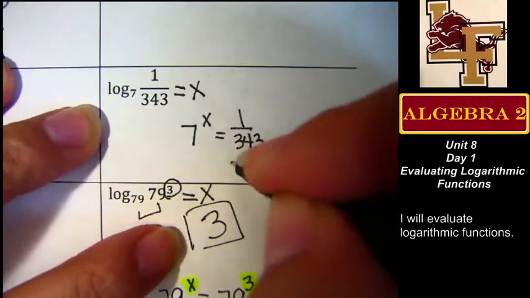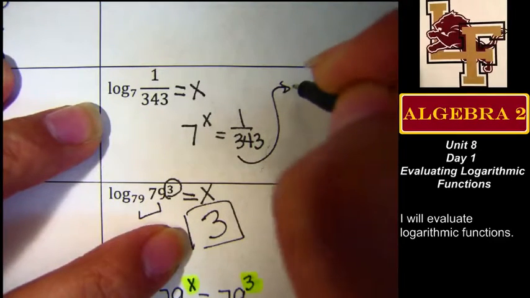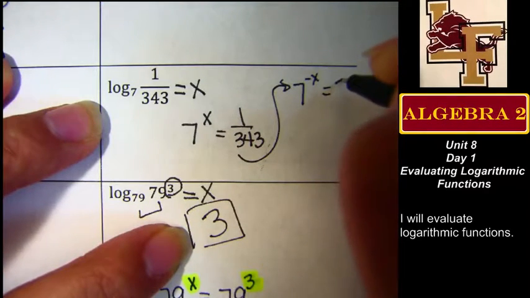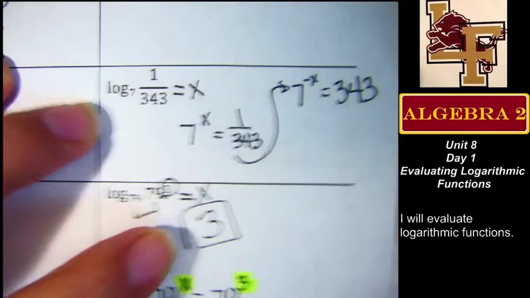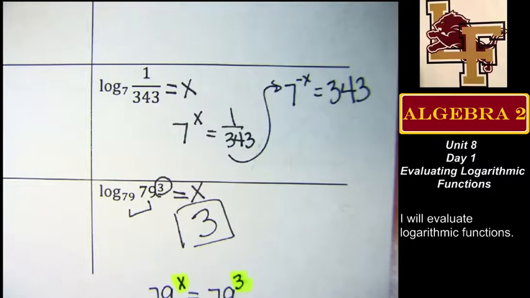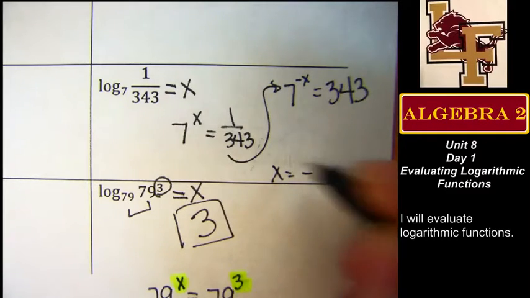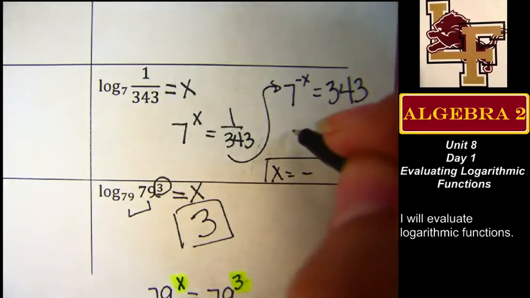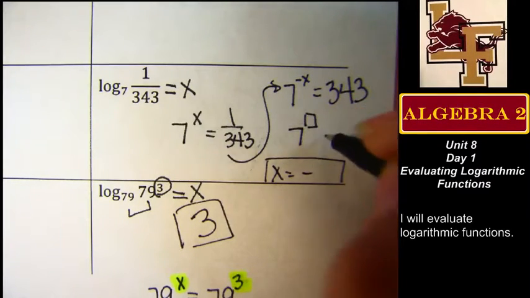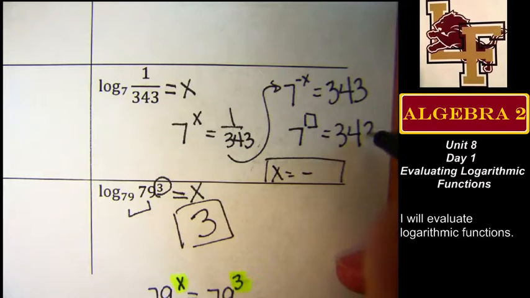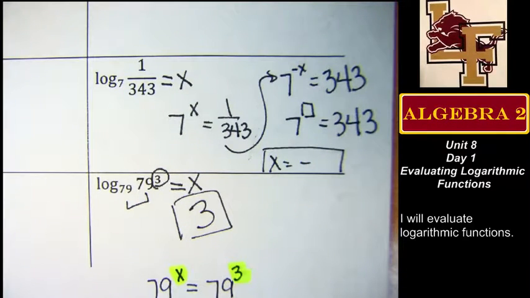So I'm going to trade this out for this. I have a negative exponent now, so I'm going to set the negative off to the side for a little bit, just hanging out, waiting for an answer. I want to know, what do I raise 7 to give me 343?